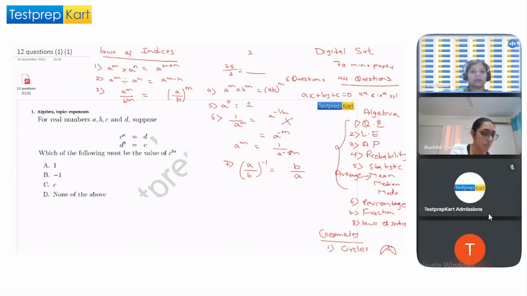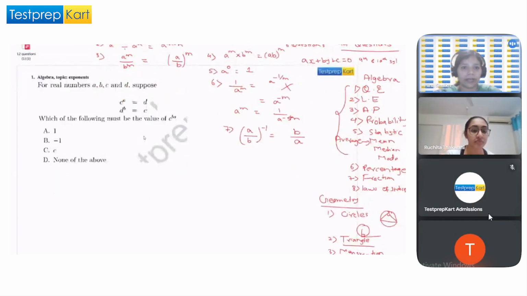As far as I think, we have done the laws of indices. Let's solve some questions based on this topic. First you try to solve it, and when you don't get it, then I'll explain. See the first question. For real numbers a, b, c, and d, suppose c raised to a is equal to d, and d raised to b is equal to c.